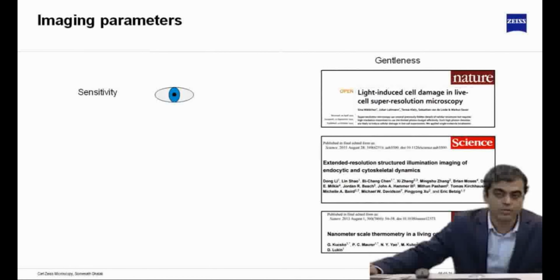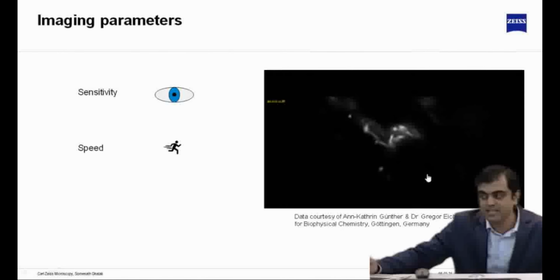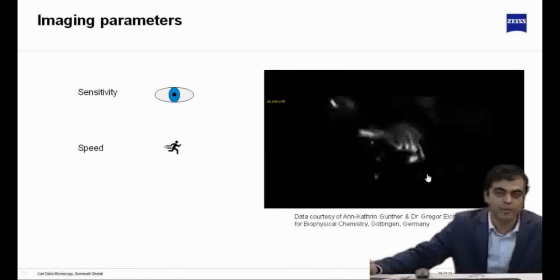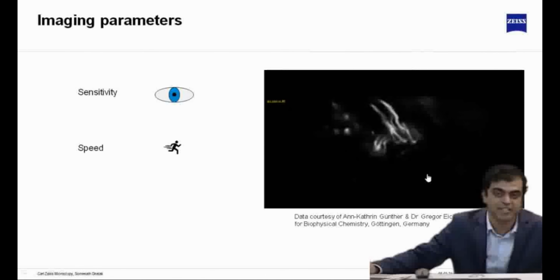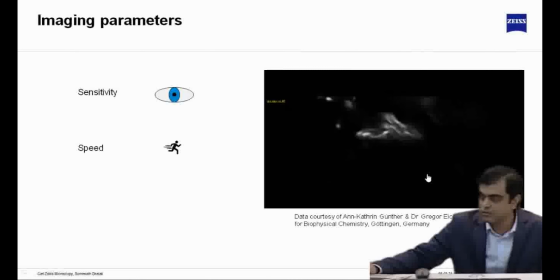The light source has to be coherent. These days in the LSM 980 also, solid state laser lines are being used. They are coherent sources of light, and that will increase the sensitivity. With that, obviously, for dynamic experiments, the number of frames has to be high over a time lapse experiment, and where there is movement happening, like in diffusion studies, speed is also very important.